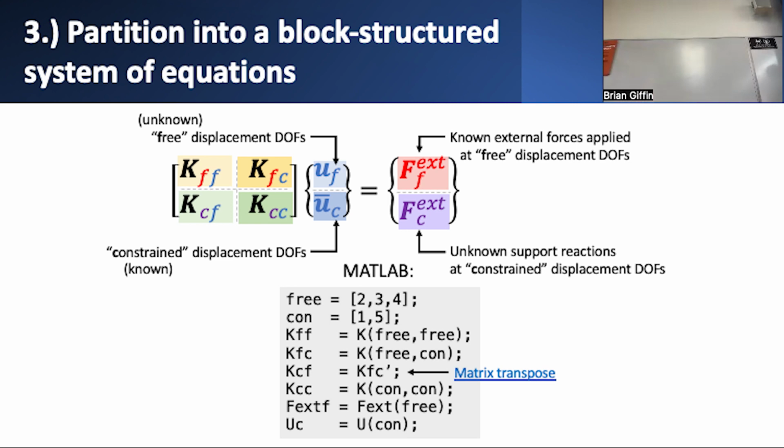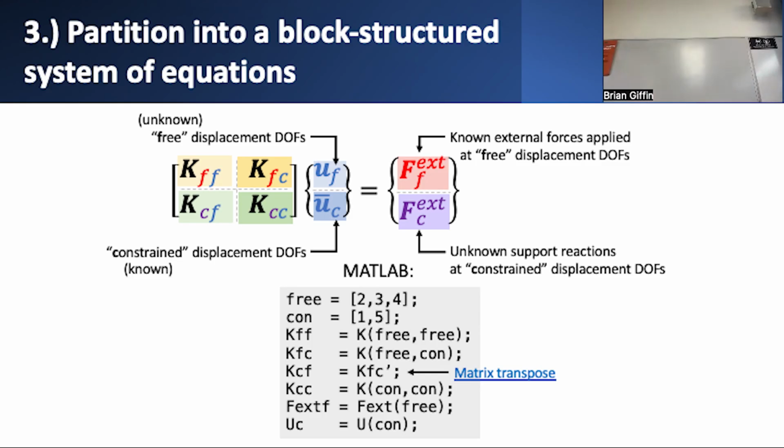that might look something like this, where I've organized the stiffness matrix into these subarrays, at the same time as I've also reorganized the entries of the displacement vector and the vector of external forces, consisting of the vector of all of the displacement unknowns that are free degrees of freedom, or the things that I'm solving for.